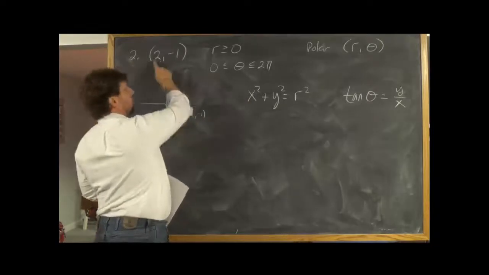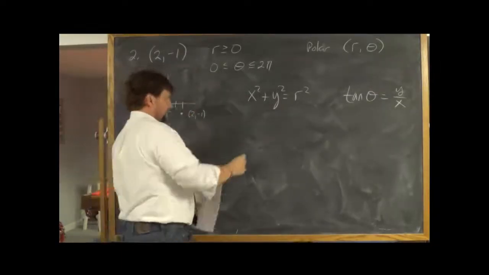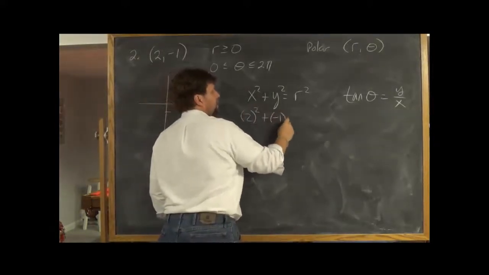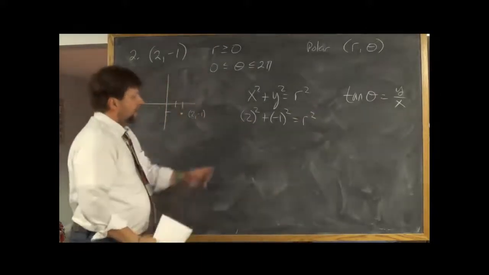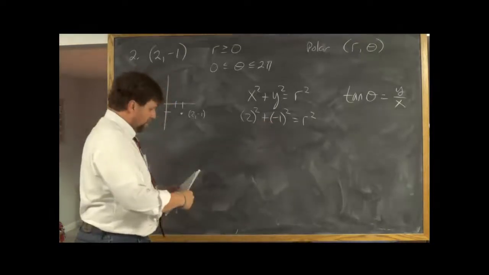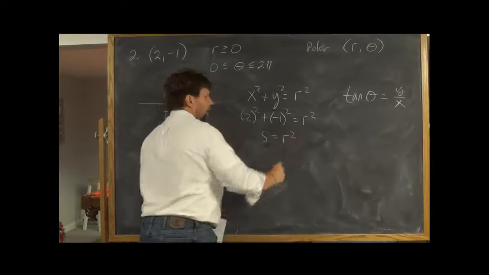We know x is 2 and y is negative 1, so I toss those in here for x and y. So I have 2 squared plus negative 1 squared is equal to r squared. 2 squared is 4, negative 1 squared is 1, so 4 plus 1 is 5. So I have 5 is equal to r squared.